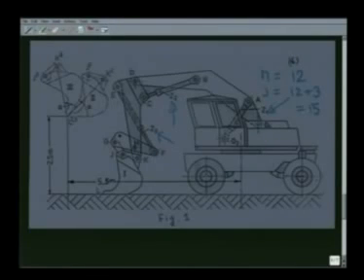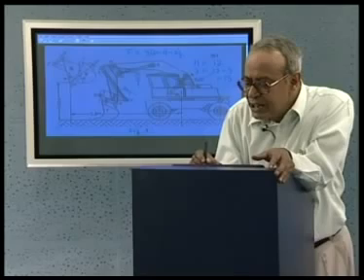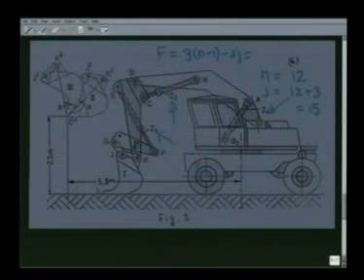Consequently, if we calculate the degrees of freedom of this mechanism, F equal to 3 into (n minus 1) minus 2J, we get 33 minus 30, that is 3. So it is a 3 degree of freedom mechanism with 3 independent inputs.